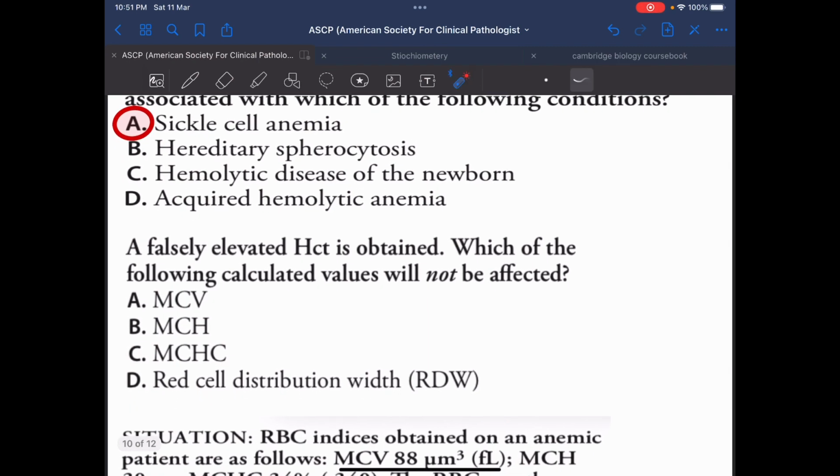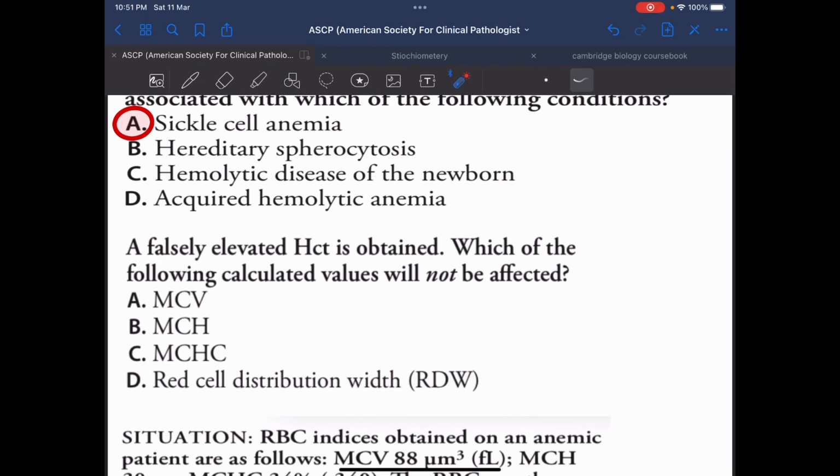Next question. A falsely elevated hematocrit is obtained. Which of the following calculated values will not be affected?